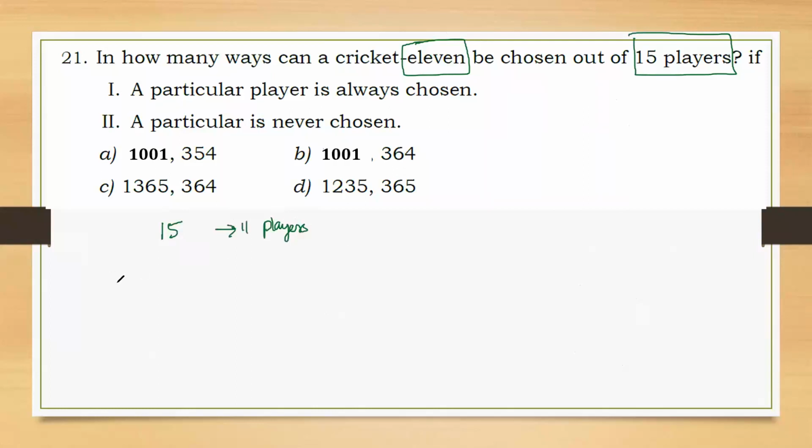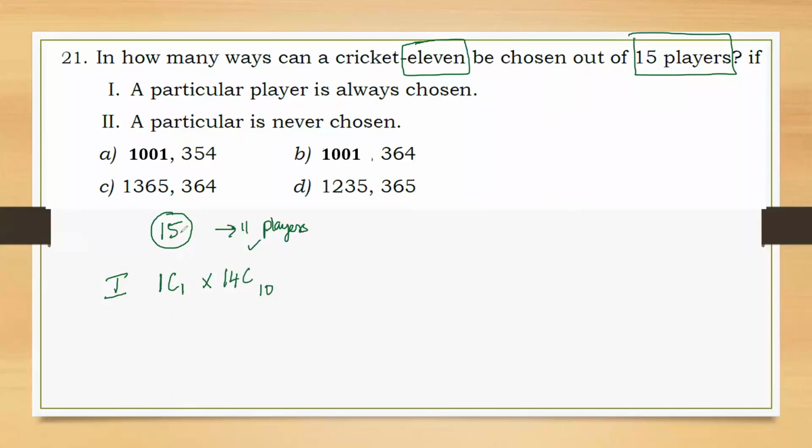So condition 1, they have given that a particular player is always chosen. So out of 15, one player is always chosen. So 1C1. Always he will be there. Out of 11, 1 is already selected, so the remaining 10 must be selected out of 14, since 1 is already included in the team.